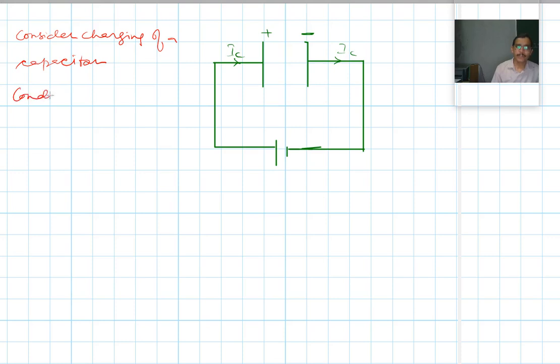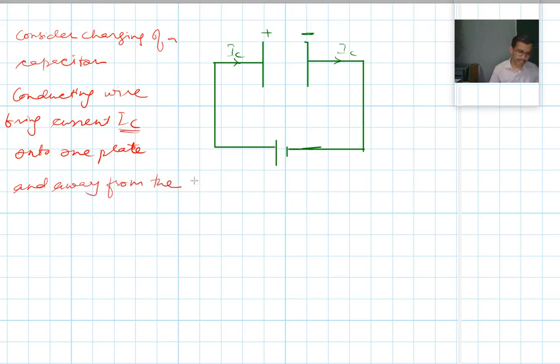And a conducting wire brings current IC onto one plate, so IC current is through it and away from the other.